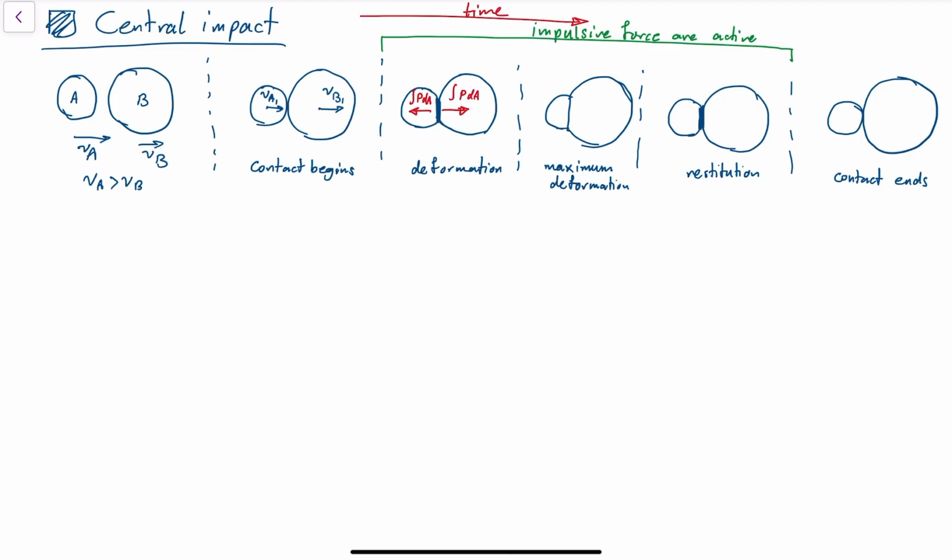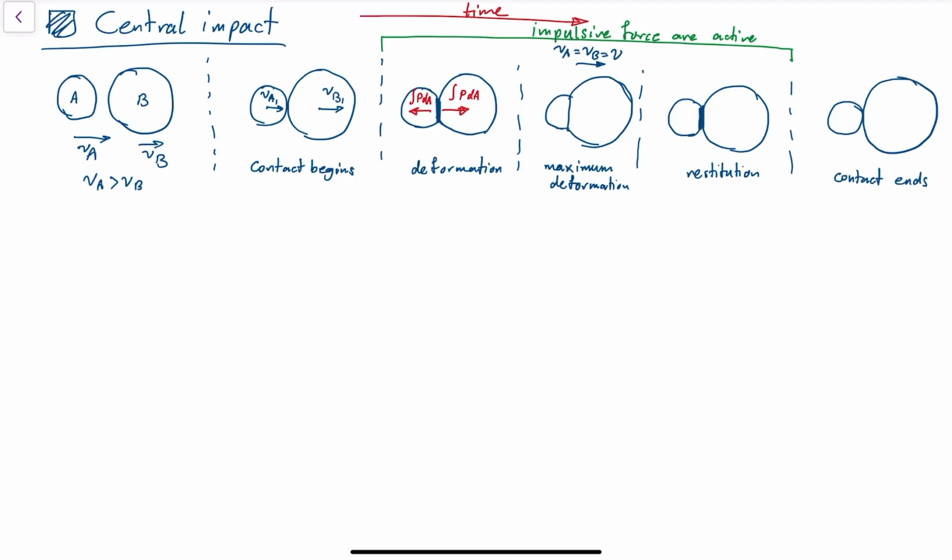Body B is going to speed up. Body A is going to slow down until you reach a point where you are maximally compressing the two bodies together. In this case, both bodies will have the same velocity: VA equals VB equals some common velocity, because if they are not the same, it means that A is going to push further into B until this happens.